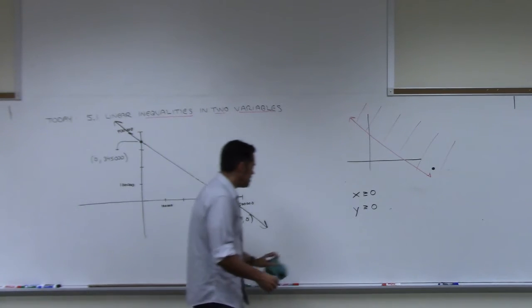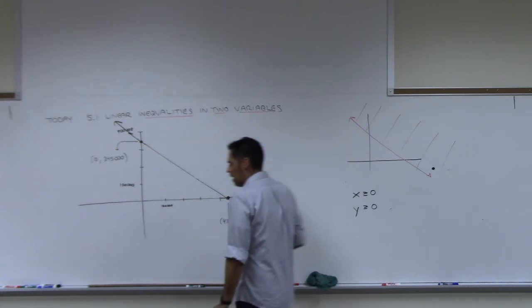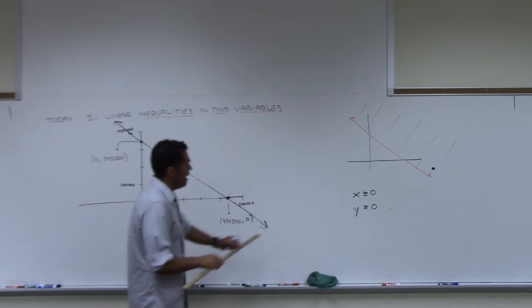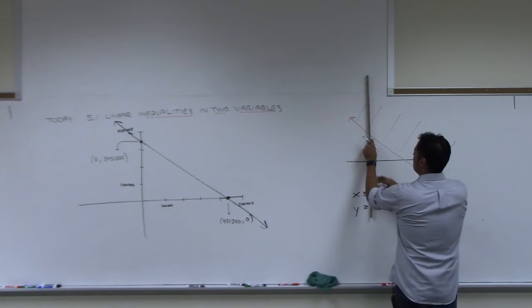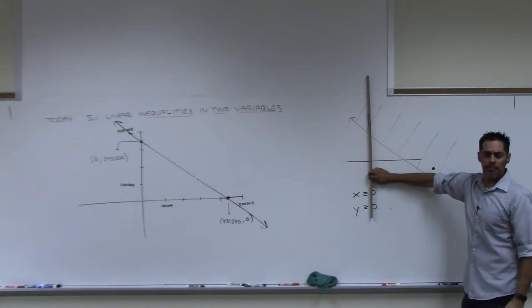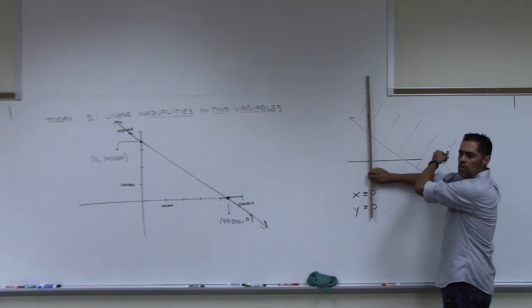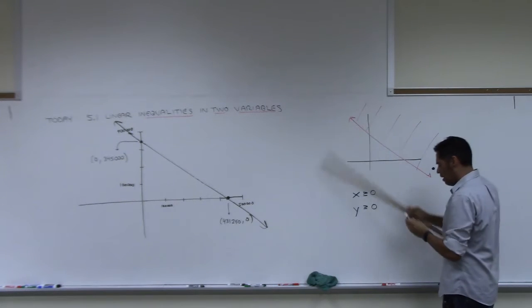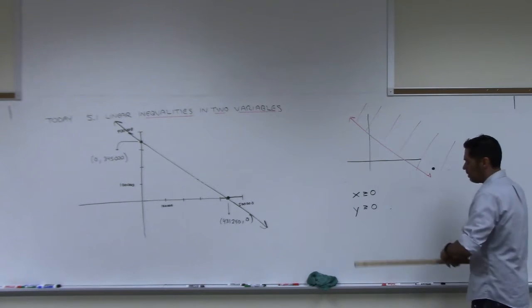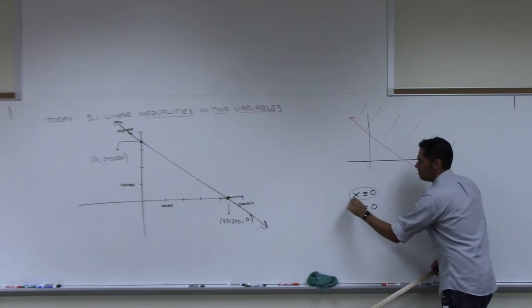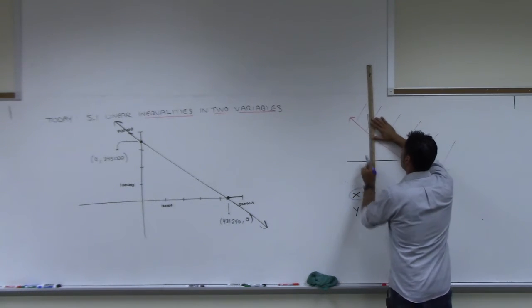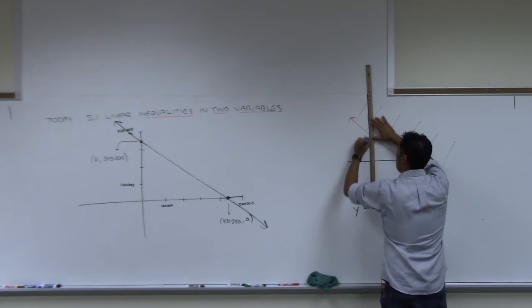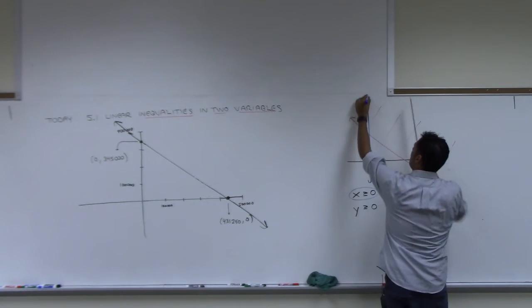So what does x being greater than or equal to 0 mean? I want you all to see this. X greater than or equal to 0 means visually that we have to be to the right of this line, don't we? Anything over here works, right? So what I'm going to do now, again in a different color, to represent this situation, I'm going to draw a vertical line right on top of the y-axis, like this.